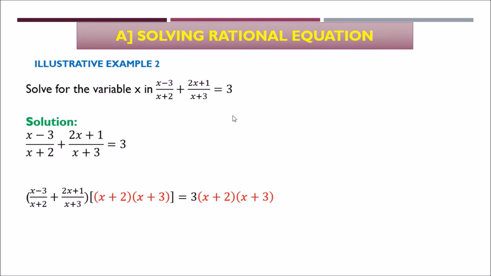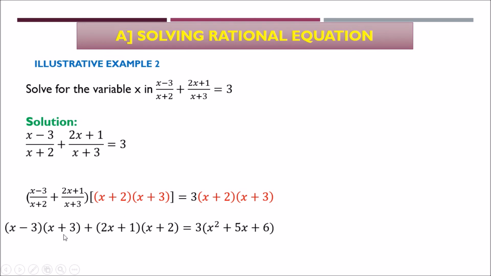Then that will give us, by the distributive property, x minus 3 over x plus 2 multiplied by this quantity in the red color, and that will give us the quantity x minus 3 times the quantity x plus 3.